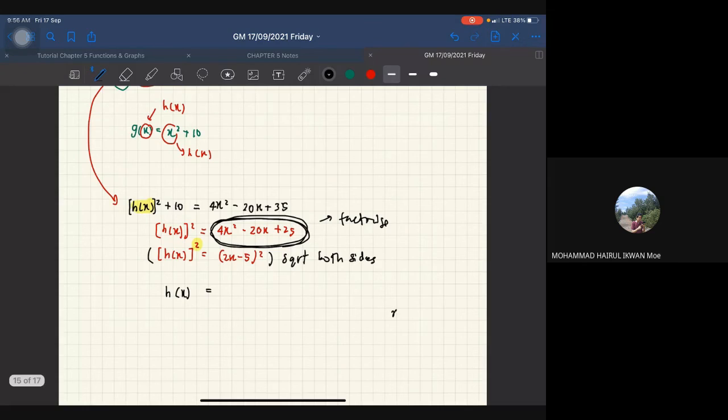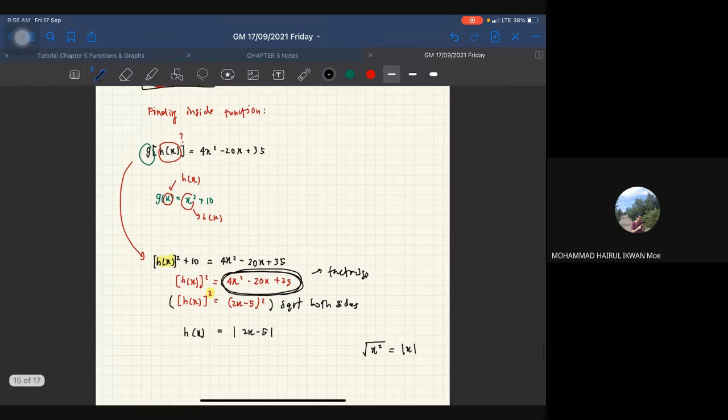Let's say awak ada x square and then dekat luar dia ada square root. Dia sama dengan apa? Ingat lagi tak this definition? Dia sama dengan this one, modulus of x. Okay, so kalau kat sini maksudnya dia akan jadi modulus of 2x minus 5. Okay, that's it. This is your hx.